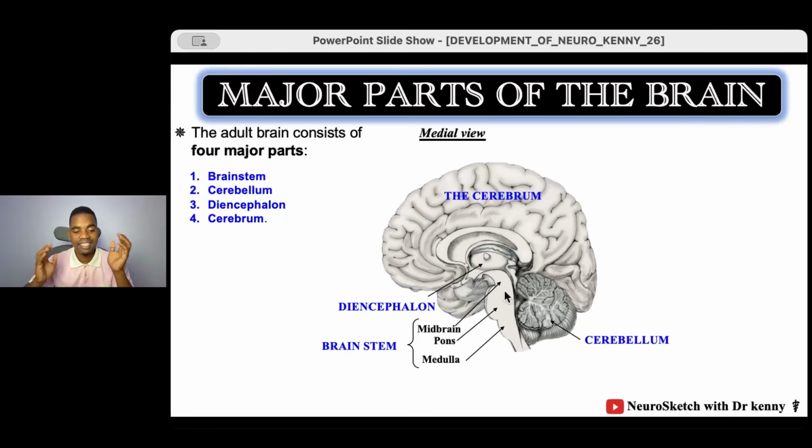As a result, the human brain has four main parts: the cerebrum, diencephalon, brainstem, and cerebellum. And remember, the cerebrum and diencephalon come from the forebrain, the midbrain comes from the midbrain, and the hindbrain gives the pons, medulla, and cerebellum. These are the derivatives of the development of the brain.